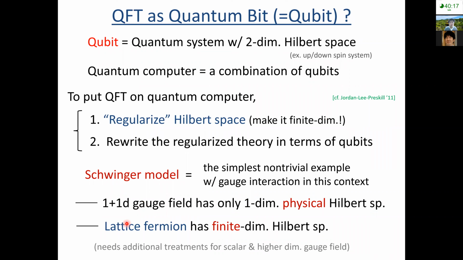Also, if we cut the space by a lattice with finite points, then the Hilbert space of the fermion becomes finite dimensional. So the physical Hilbert space of the Schwinger model on the lattice is finite dimensional. In this sense, this is the simplest non-trivial example in this context.